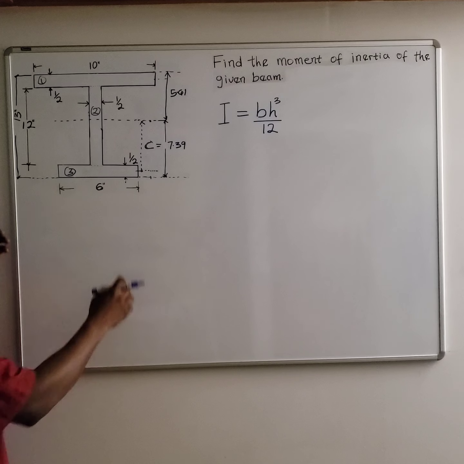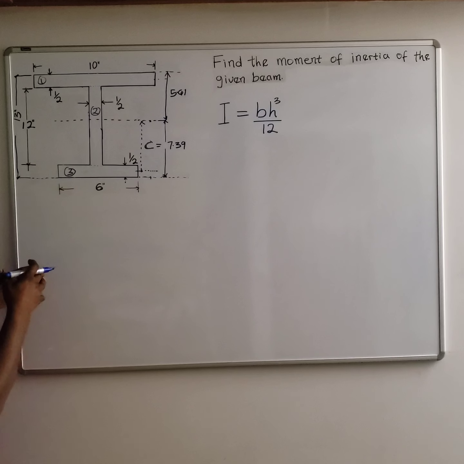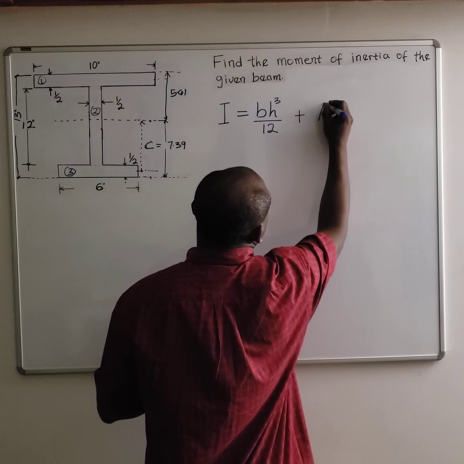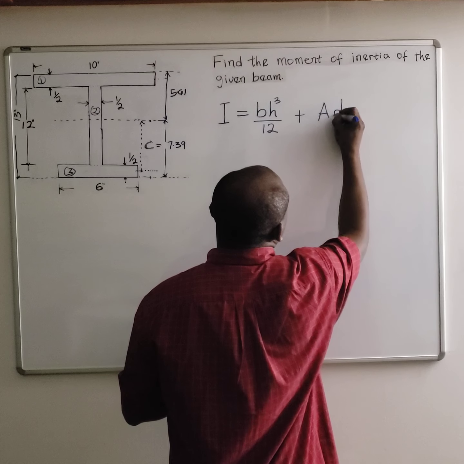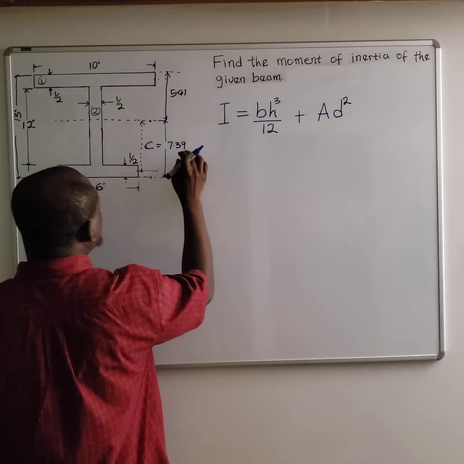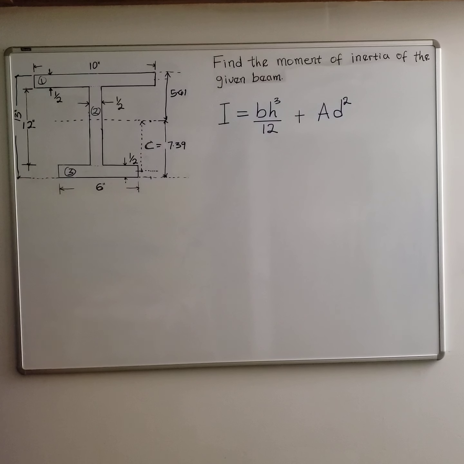But because we have a composite shape that is not symmetrical, we have to delve into a theorem that is called the parallel axis theorem. That parallel axis theorem says the area of a shape multiplied by the square of the distance between the overall centroid and the centroid of the particular shape we are dealing with.